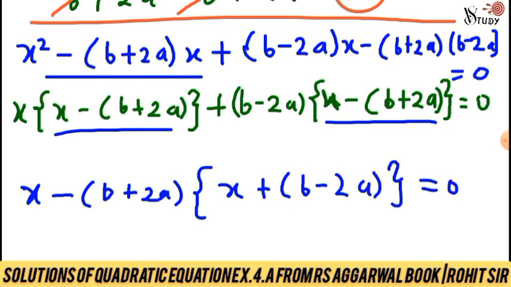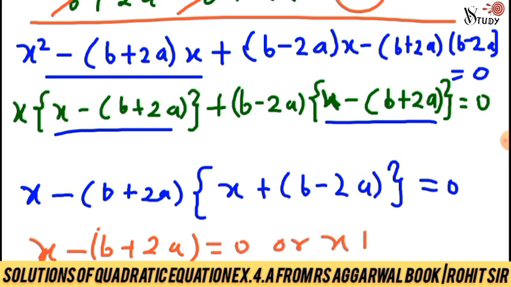Now put this value equal to 0. x minus (b plus 2a) is equal to 0, or x plus (b minus 2a) is equal to 0.